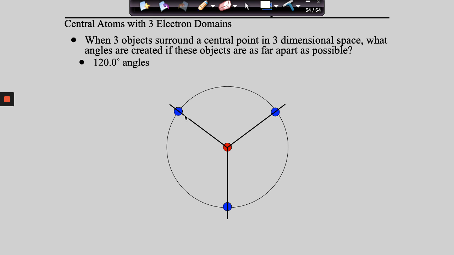We've got 1, 2, 3 points all in the same plane. They're all in the same plane. So we call this trigonal planar. Guys, write it down and then let me show you what this looks like. So 3 objects, 3-dimensional space, 120-degree angles. We call this trigonal planar.